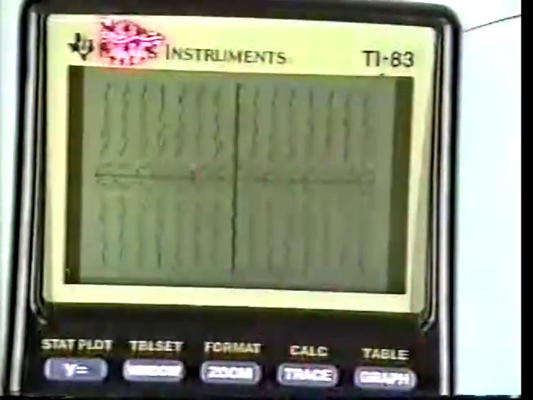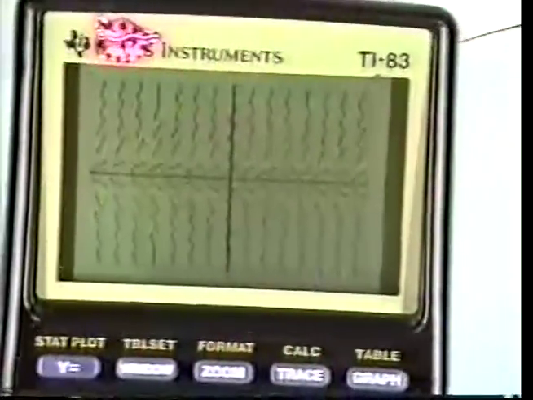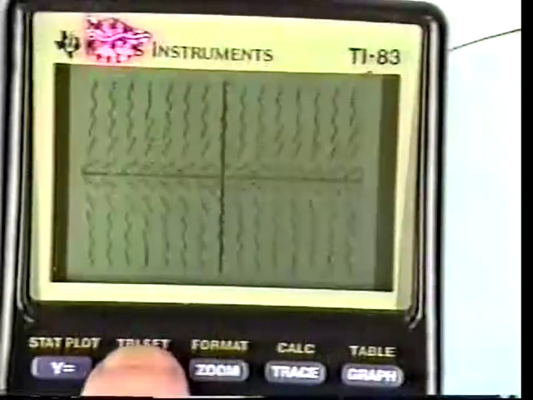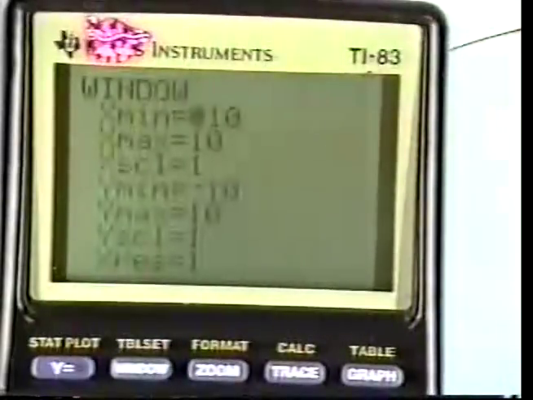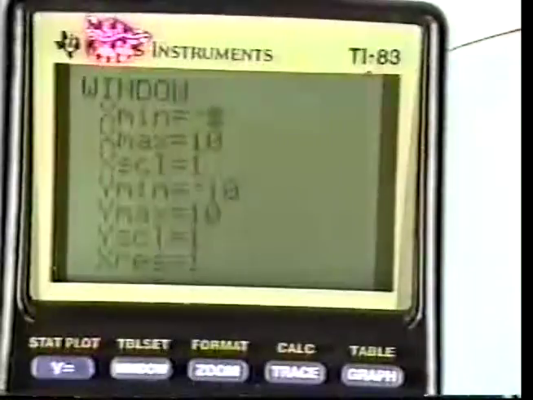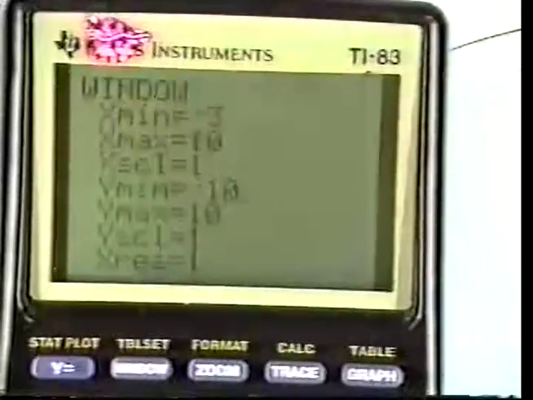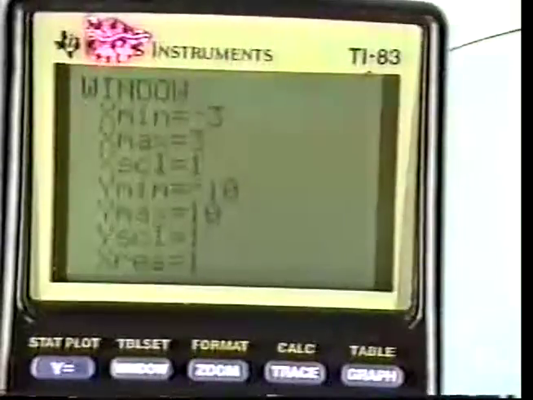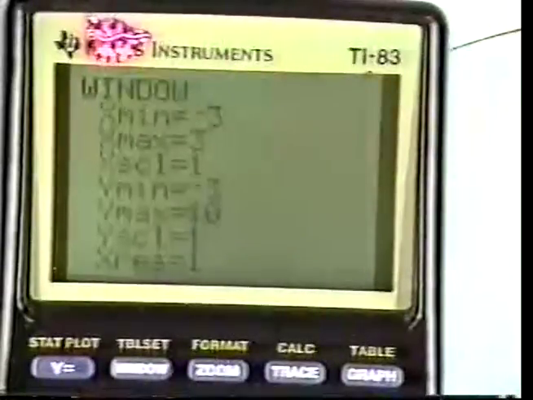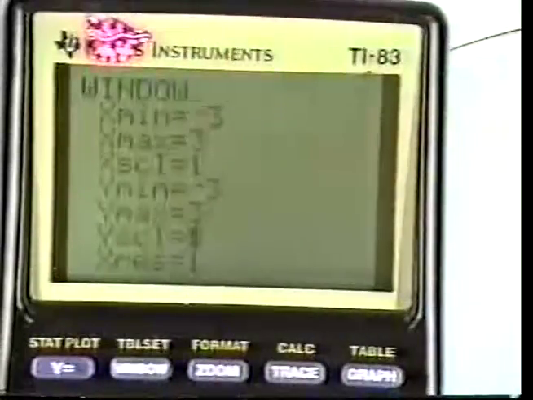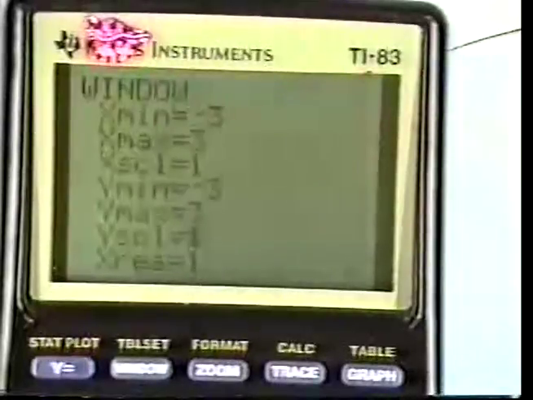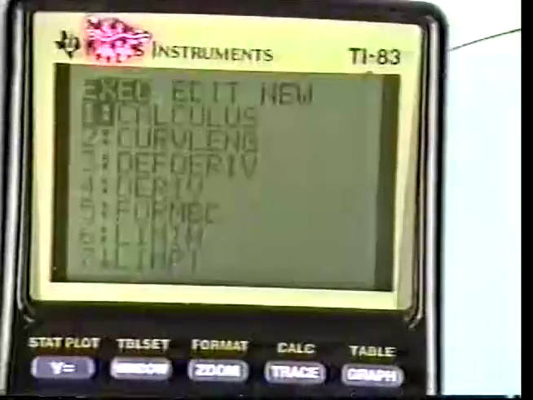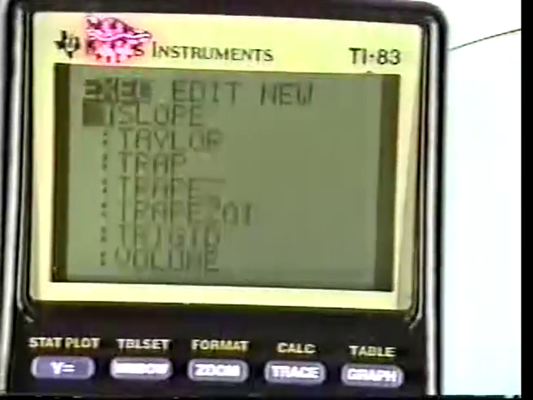Now, to get more detail, I'd like to go to Window and change the window, let's say, minus 3 to 3, and again from minus 3 to 3. Now, if I want to redo this, I'm going to have to go back to Program, and go back to the slope field.